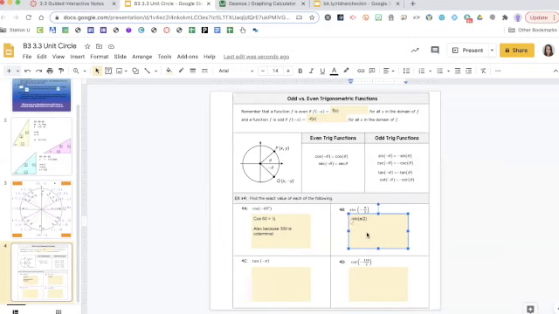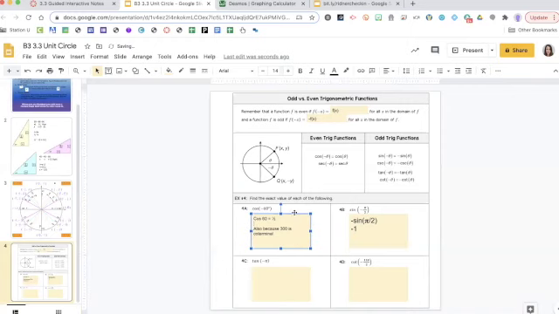Yes, it is 1, but since it's an odd function and I'm trying to find the negative, the final answer is -1. Let's up my font size so that you guys can actually see it here.